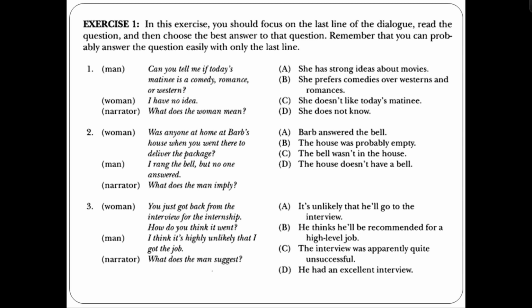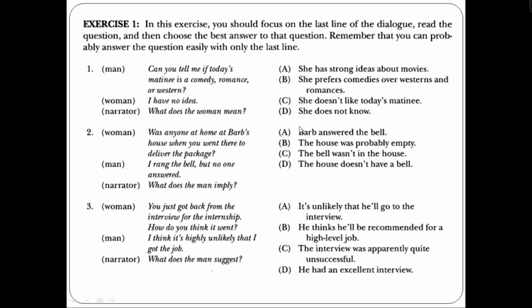Was anyone at home at Barb's house when you went there to deliver the package? I rang the bell, but no one answered. What does the man imply? Let's focus on the last line. The man said that he rang the bell, but no one answered. What does it mean?